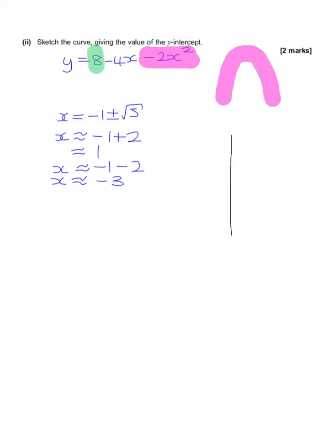If we then draw our axes, we know our graph crosses at 8, crosses the x-axis at approximately 1 and approximately minus 3.